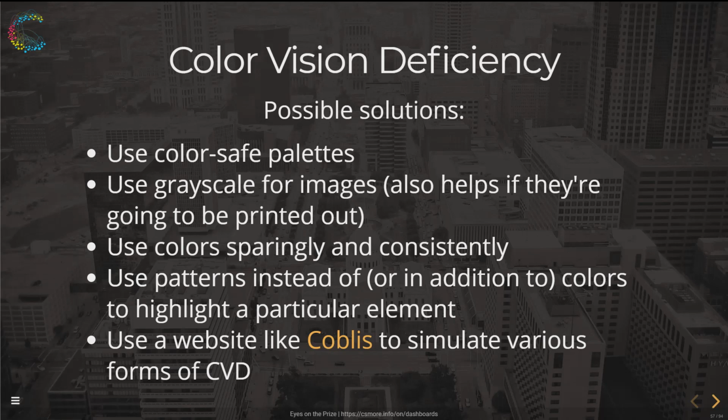Use grayscale for images, especially if they're going to be printed out. There are also colors that if you print them in grayscale, even though they look different, even for a person with CVD, they will end up looking exactly the same if you print them on a grayscale printer.